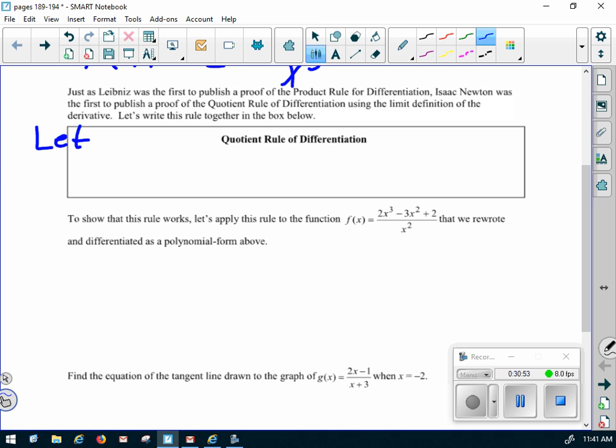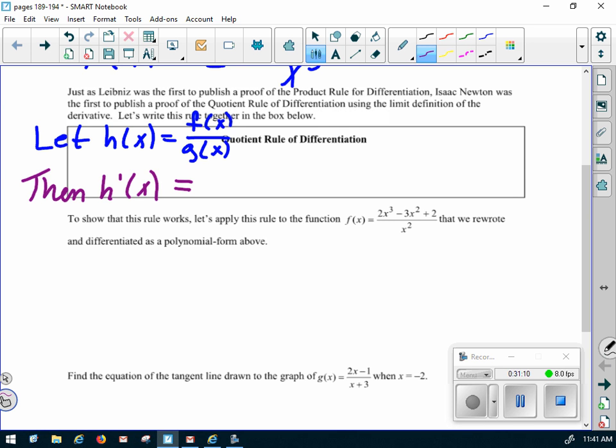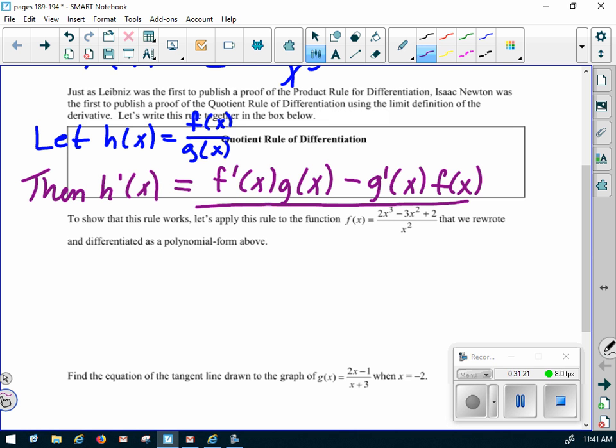Let h of x equal f of x over g of x. Then h prime of x equals, don't freak out on me here, f prime of x times g of x minus g prime of x times f of x, over g of x quantity squared.